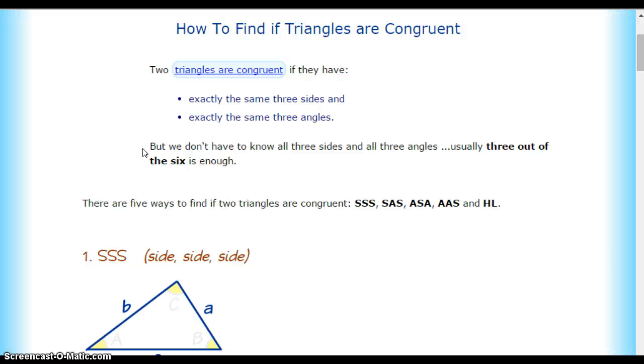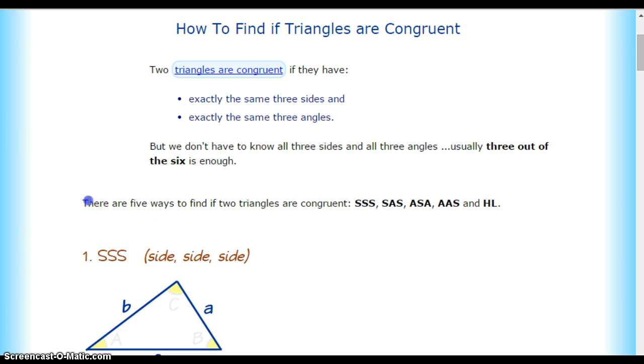We don't need to check that. Usually 3 out of the 6 is enough. If we can check that 3 out of the 6 are the same, then we can also say that 2 triangles are congruent.